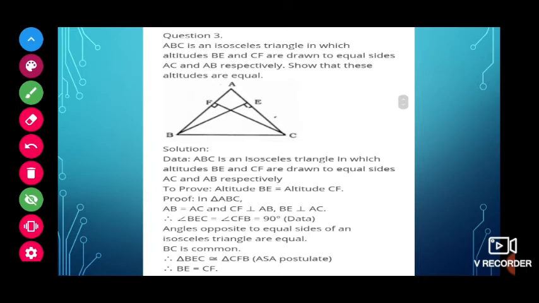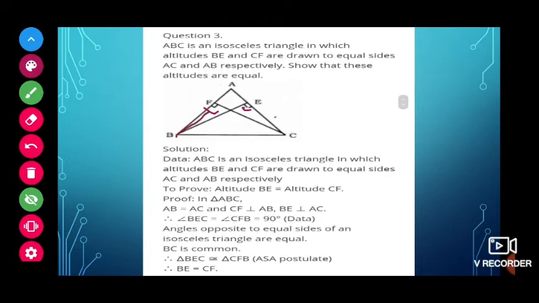Now I will consider the two triangles BEC and BFC. In these two triangles, we can say that angle F is equal to angle E. Why?